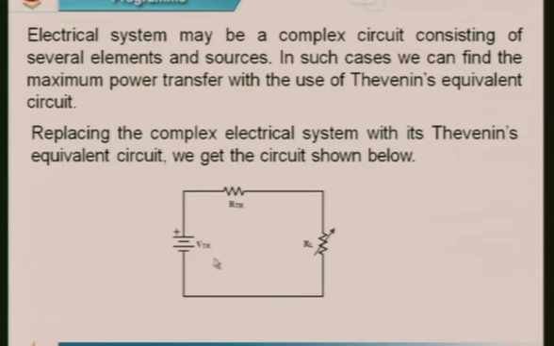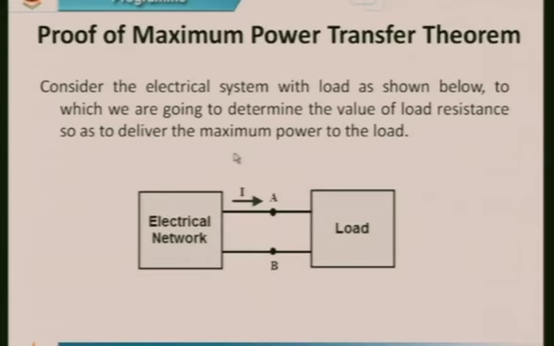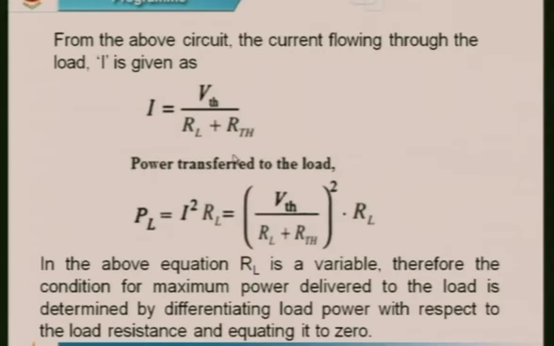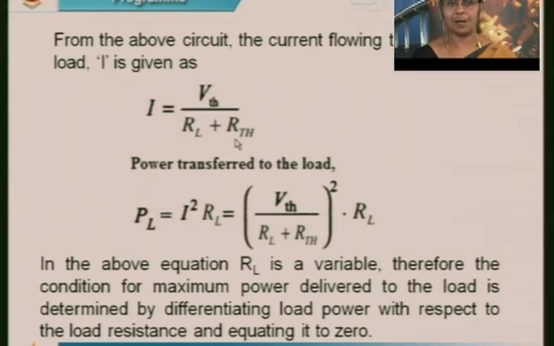Applying Ohm's law gives the current flowing through the circuit as V Thevenin divided by the sum of these two resistances. That's what is being given here: I is equal to V Thevenin by RL plus R Thevenin. So this is the amount of current.